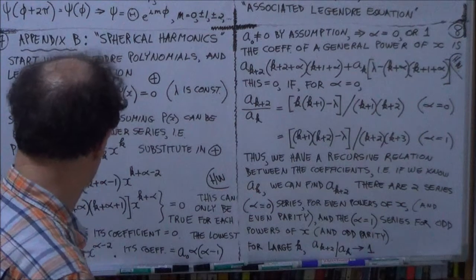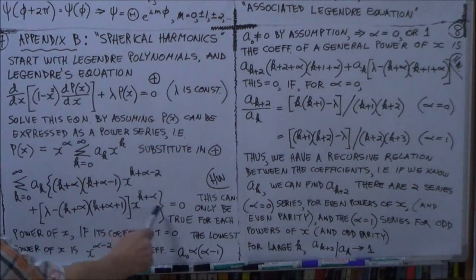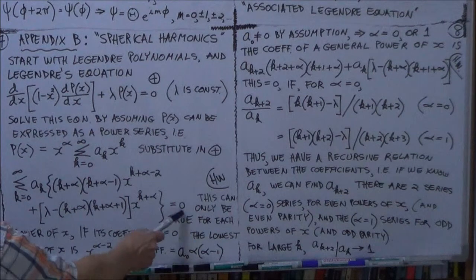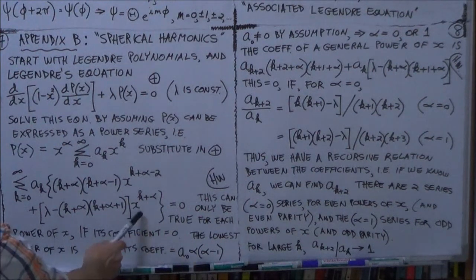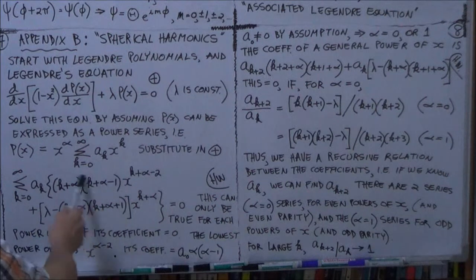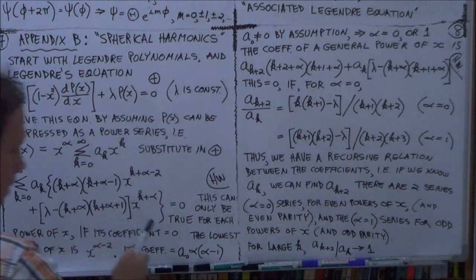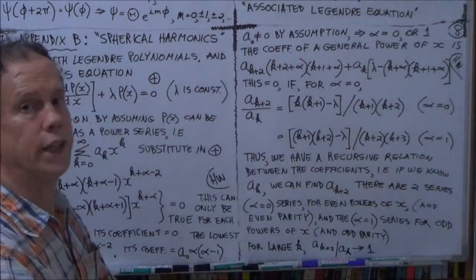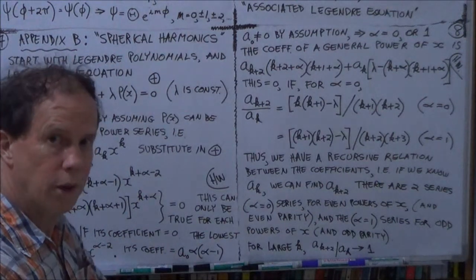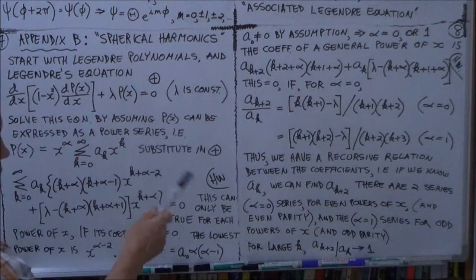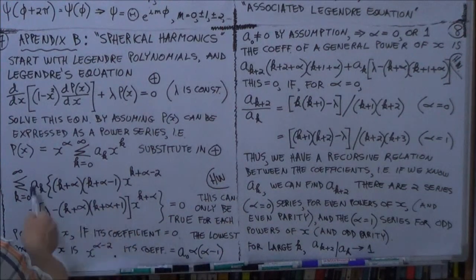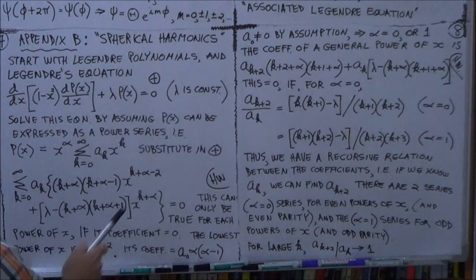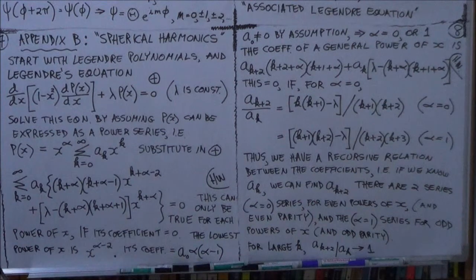Now for the left-hand side here to be 0 for all powers of x, it means that the coefficients of each power of x must be 0. Follow that logic? I'll say it again a different way. You can rewrite this in powers of x, you find the coefficient of each power of x, and the left-hand side is equal to 0.